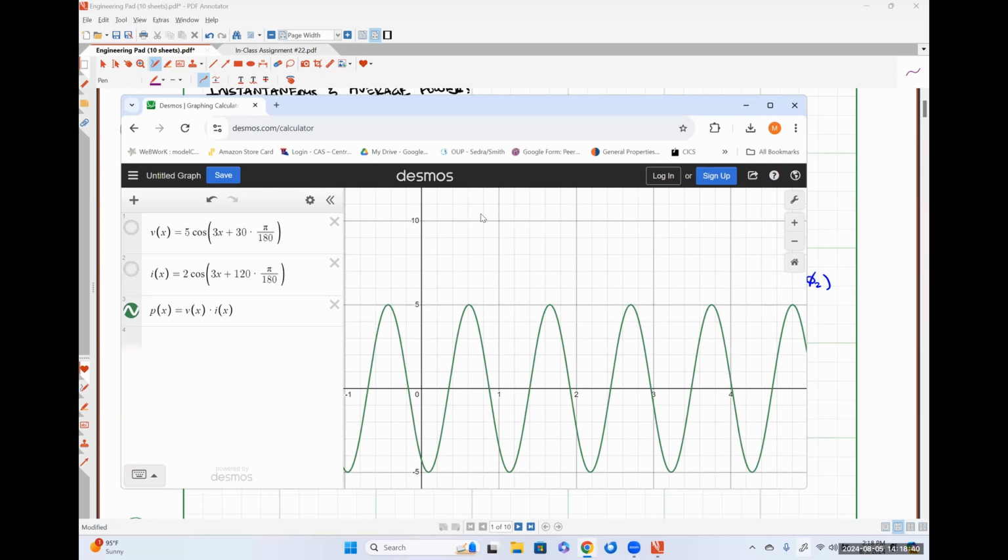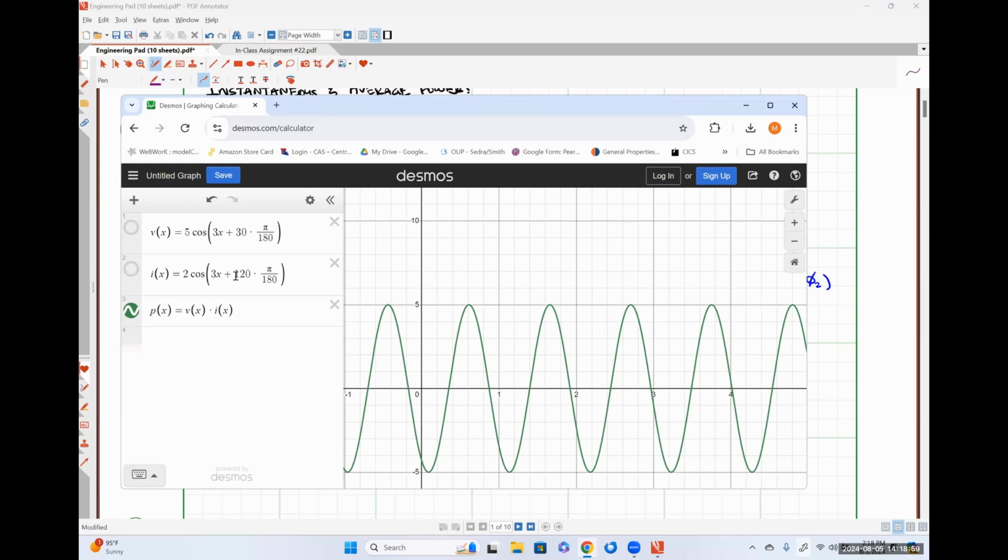And once again, we can see that the average power absorbed by, in this case, a capacitor is also zero. So exactly half of the time our element is absorbing power, and the other half of the time our element is supplying power.